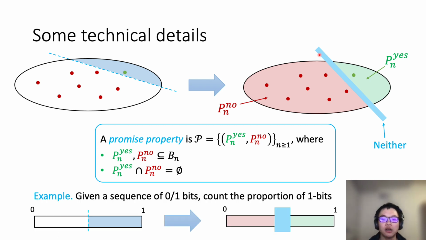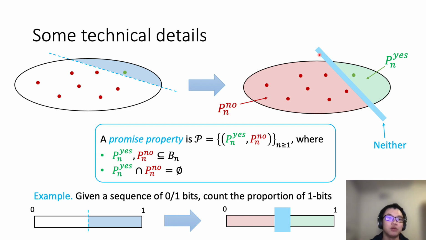Here I use an example to explain why this gap between P_n yes and P_n no is useful. Suppose that you are given a sequence of 0, 1 bits, and you are asked to decide some properties related to the proportion of 1 bits in the sequence. Suppose first that you are required to decide exactly whether there are more than half 1 bits. Then you can't do it very efficiently by summing only a few bits, right?